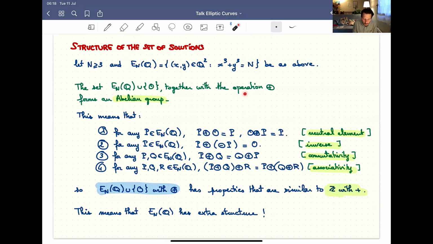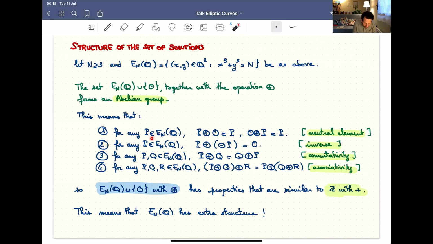And we have defined an operation plus, from the previous slide, plus with a circle around it. And in fancy terms, what we could show is that this new set with this operation is an abelian group. I'm not sure if you know about groups, but I'm going to describe in words what it means. It means four things.